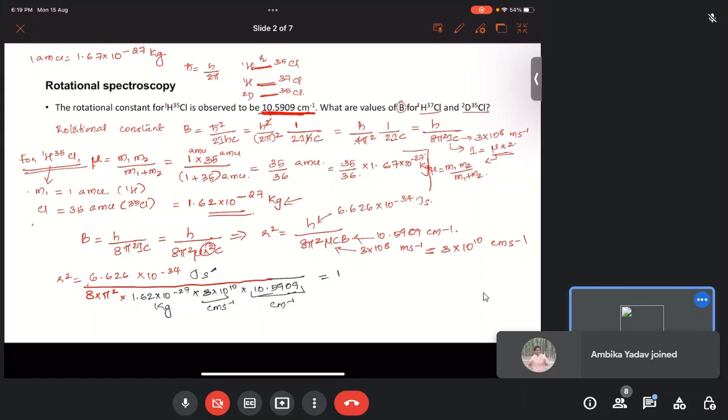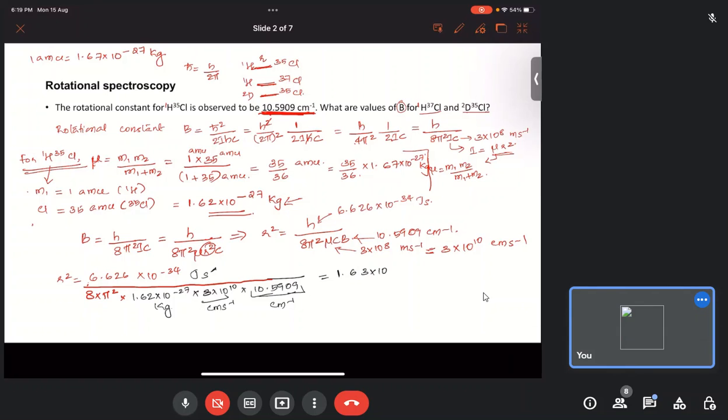This makes it 1.63 into 10 to the power minus 3, and we have to take into account all the power values here, which are 10 to the power minus 34, and whatever is in the denominator will come as 10 to the power plus 27, 10 to the power minus 10.